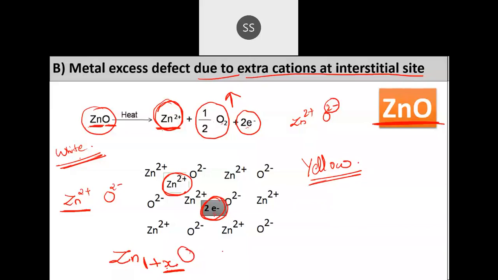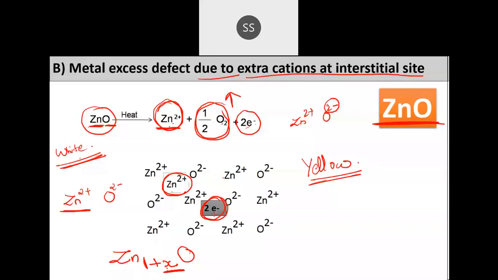I believe it is clear what metal excess defect due to extra cation is. When you heat zinc oxide, it breaks down into zinc ion, oxygen and electrons. Oxygen, being a gas, escapes out. What remains is zinc and the electron. Because of their smaller size, they shift themselves into the interstitial site.